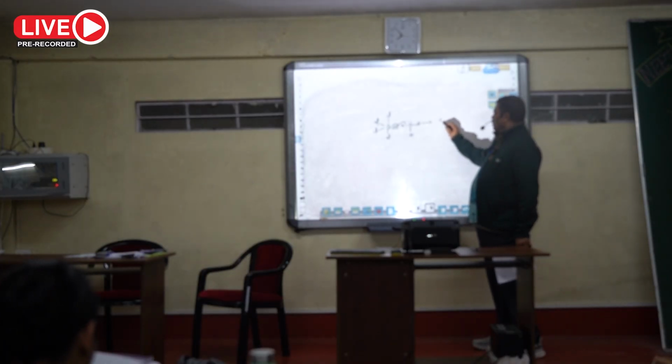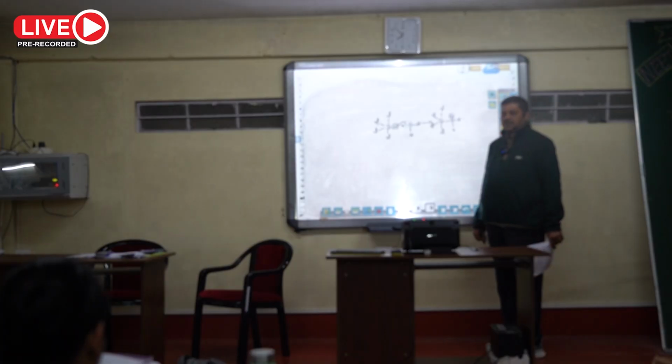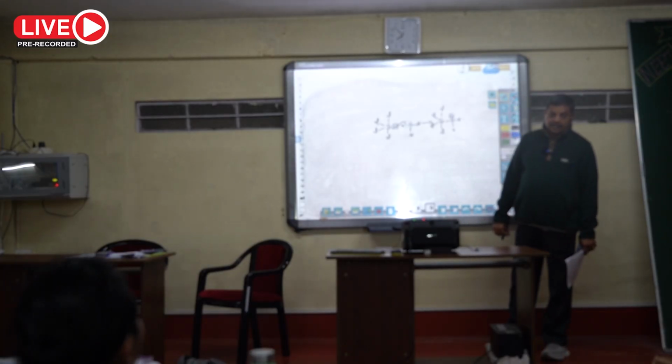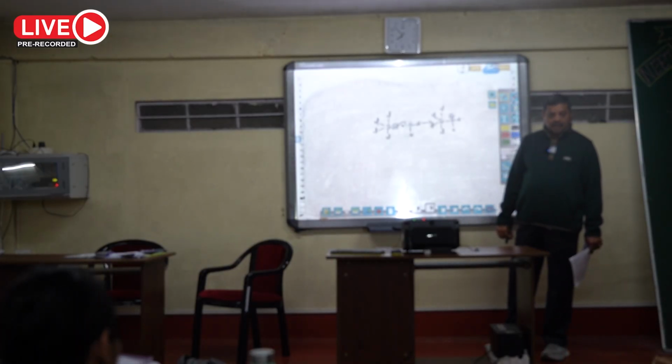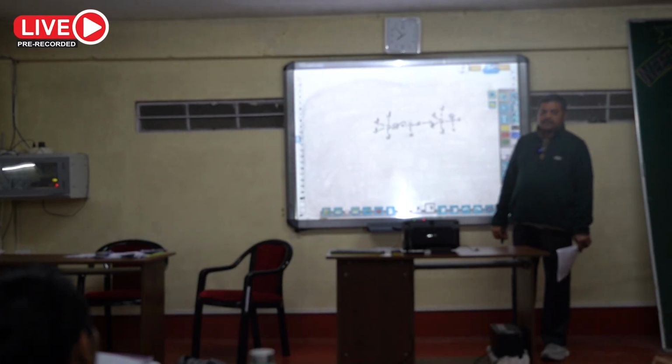So forming a coordinate covalent bond. It becomes OH2, O gets plus charge. When O becomes plus, it is very unhappy because O is an electronegative atom.